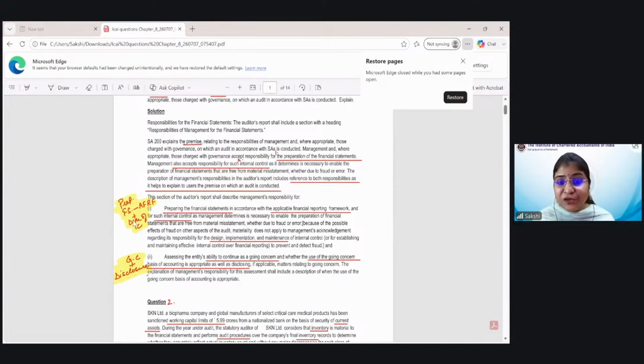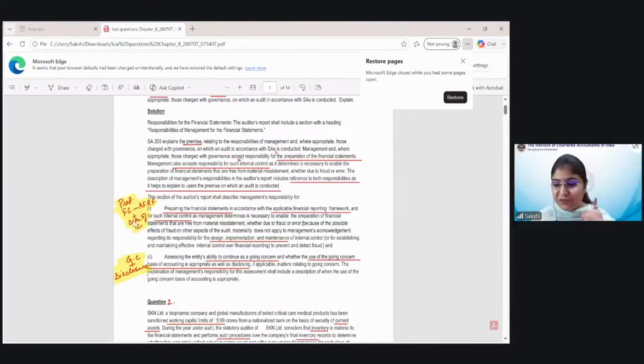The description of management's responsibility in the auditor's report includes reference to both responsibilities, as it helps to explain to the user the premise on which the audit is conducted. Okay, so here coming to the responsibility of management as described in the auditor's report.